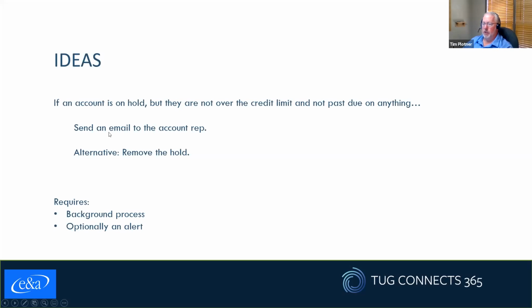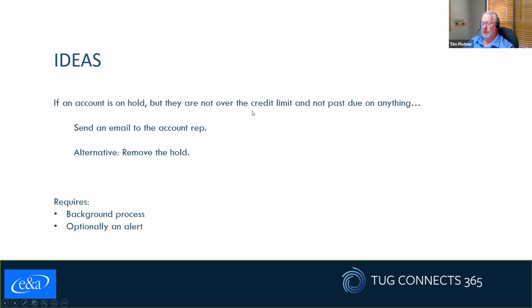And in that situation, I want to take an action. I'm not just telling them, I want to do something. So if it was just an alert, I could look for this situation for an alert, but I would have to have either a background processor to find the situation, or I could put it into the code that does the payment receipts, the cash and credit application.